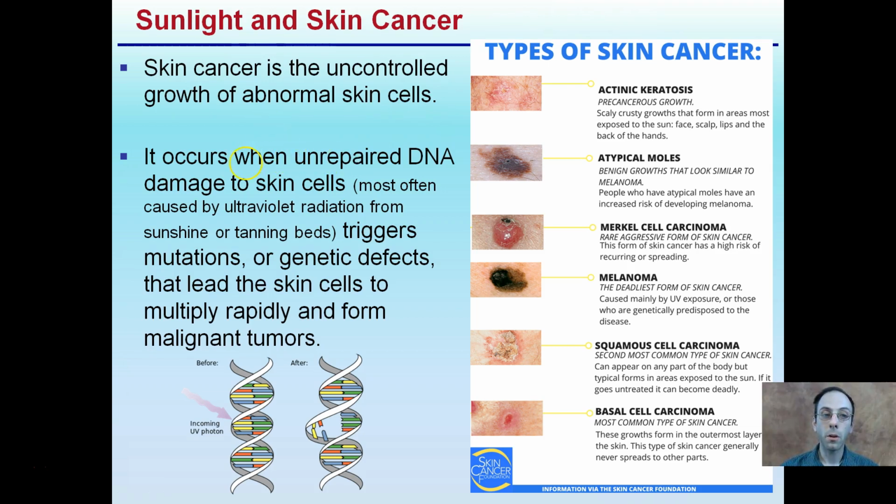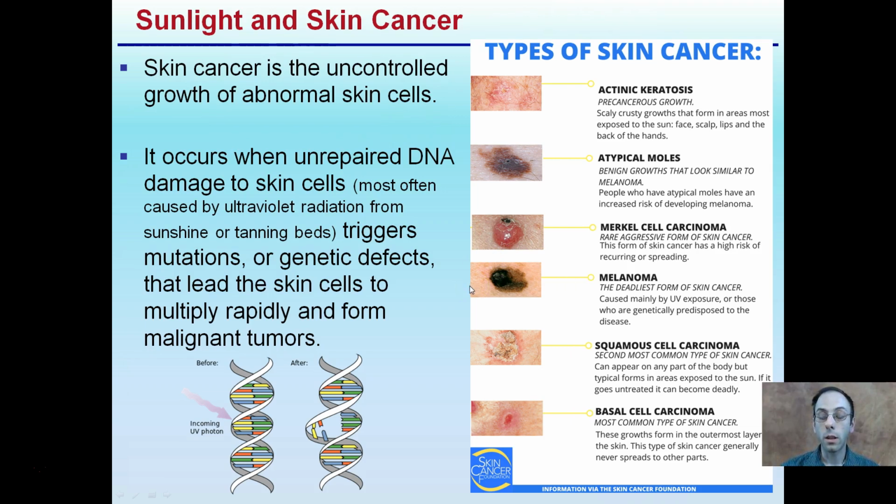It occurs when unrepaired DNA is damaged in the skin cells, often from UV radiation, which can be from sunshine, sunlight, or also tanning beds can produce high amounts of this UV radiation. This can trigger mutations in genetic defects that can then lead skin cells to multiply rapidly and form malignant tumors. So again, many different types here, some more rare than others, and some very deadly compared to others.